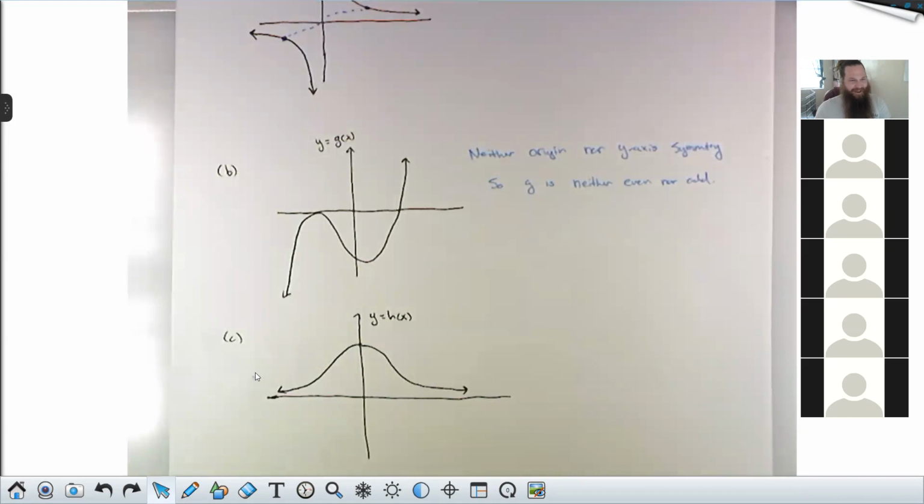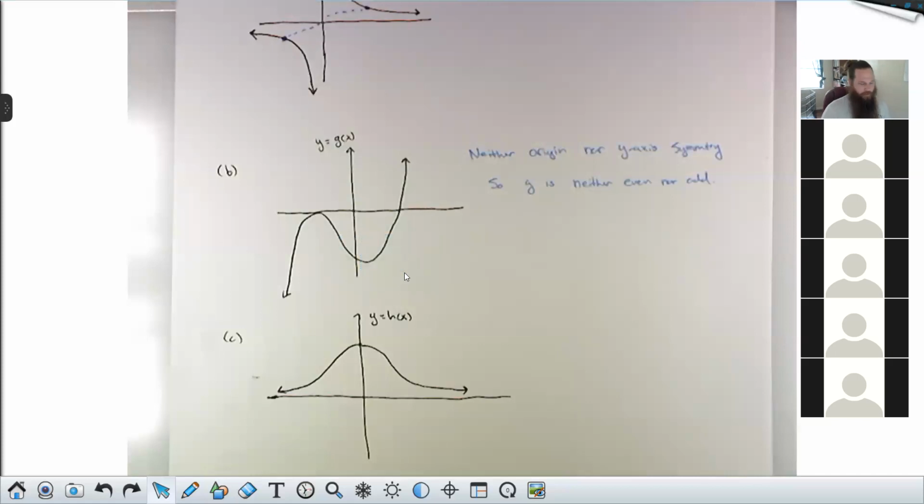All right. So yeah, this graph exhibits neither of those symmetries, right? There's no piece to the right of the y-axis that looks like this. There's nothing like this going on over here. This guy is not symmetric about the y-axis.